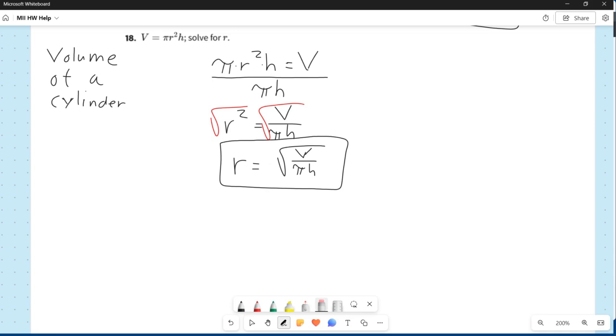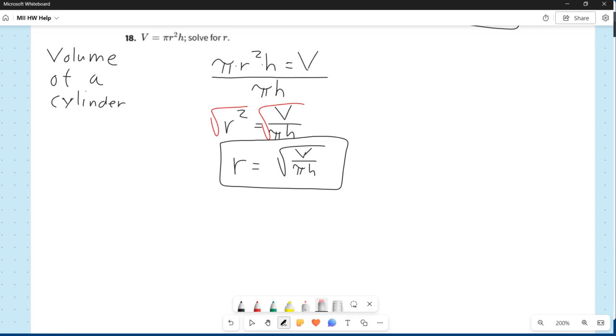if you did not include the plus minus, it depends on your reason for not including it. If you did not include it because you recognize that this is the volume of a cylinder and that a negative radius doesn't make sense, that's actually fine. That's actually great if you realize that.